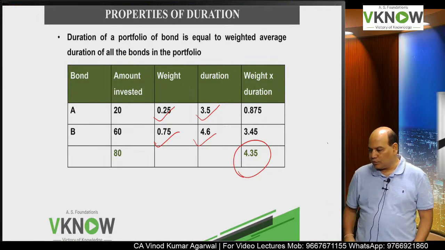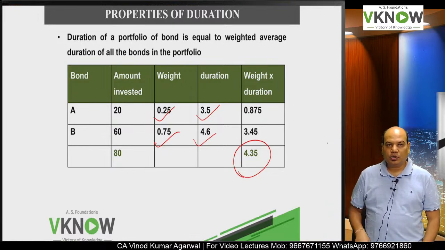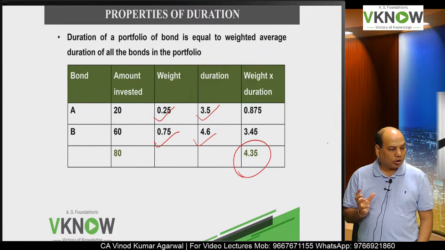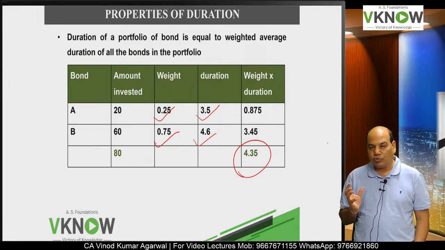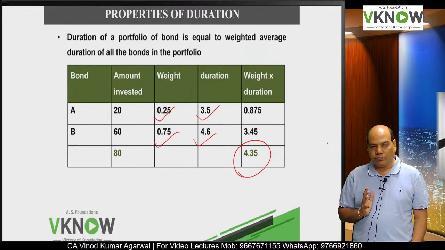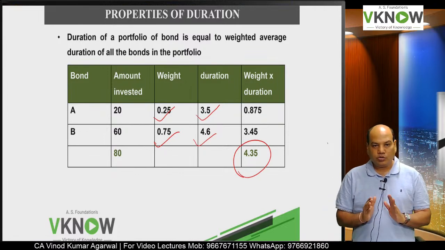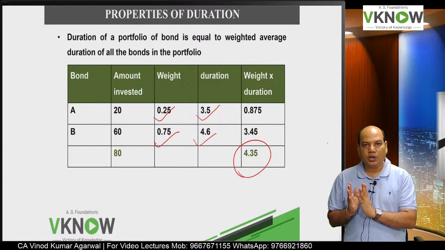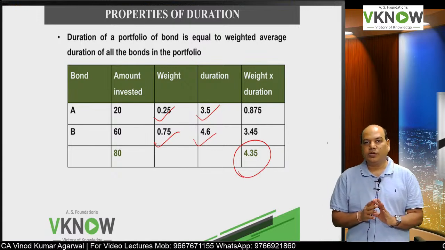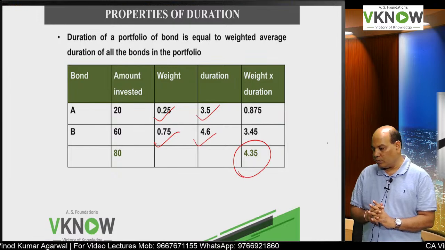So the total comes to 4.35. So the overall duration of this portfolio is 4.35. So these were some of the properties of the duration of the bond.